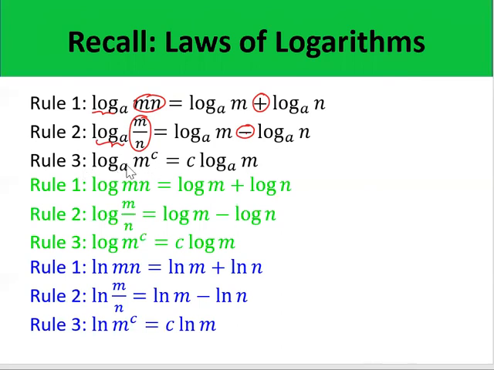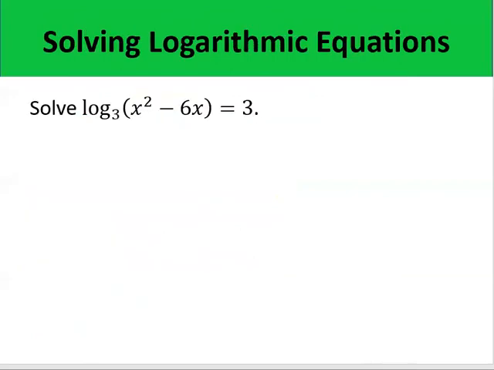And then rule number 3, whenever we have the logarithm of m raised to an exponent c to the base a, then we can write the exponent c as a multiplier of the logarithm. Now, the following rules are just similar to the first 3 rules, as we only use these green colored rules whenever the base is equal to 10. And then the last 3 rules here, we use whenever the base is equal to the natural exponential number e. So let's try to use these key concepts in order to solve for the given logarithmic equations.